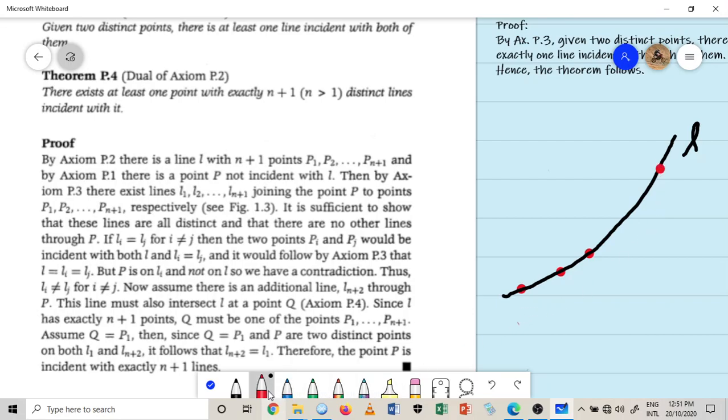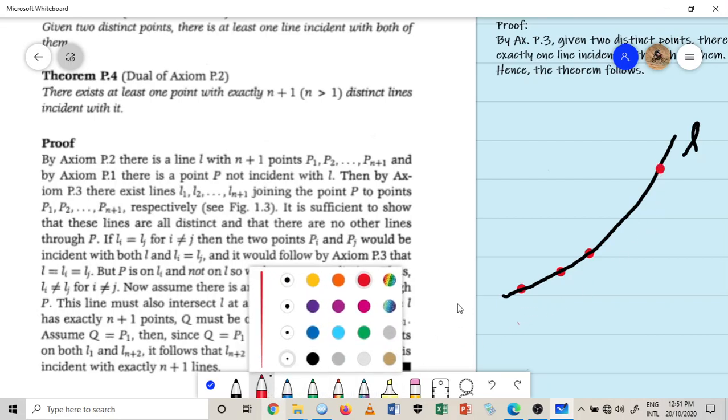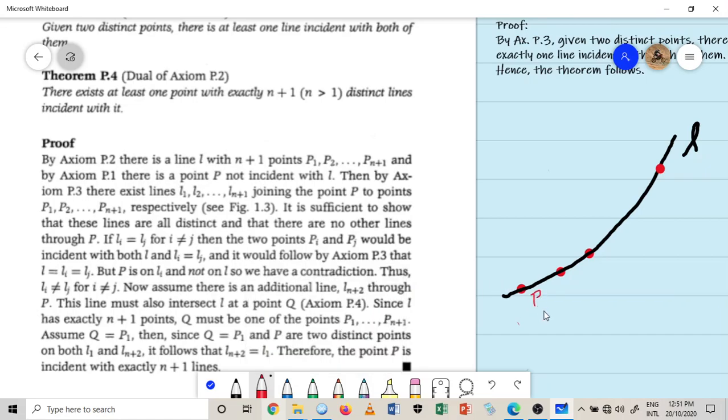So let us call them P sub 1, P sub 2, P sub 3, and so on up to the point P sub n plus 1.